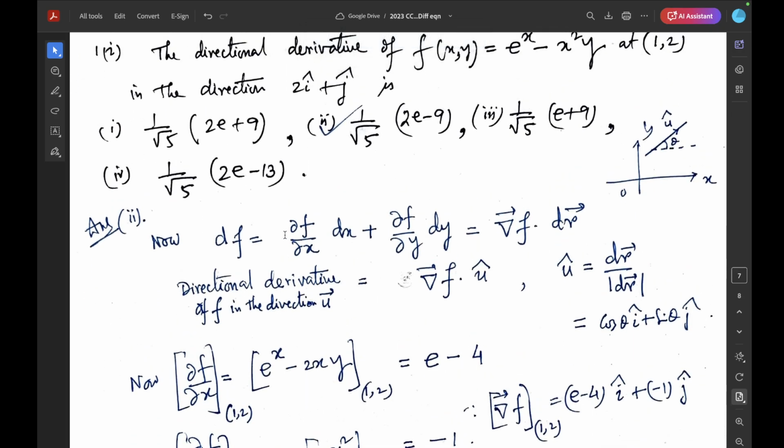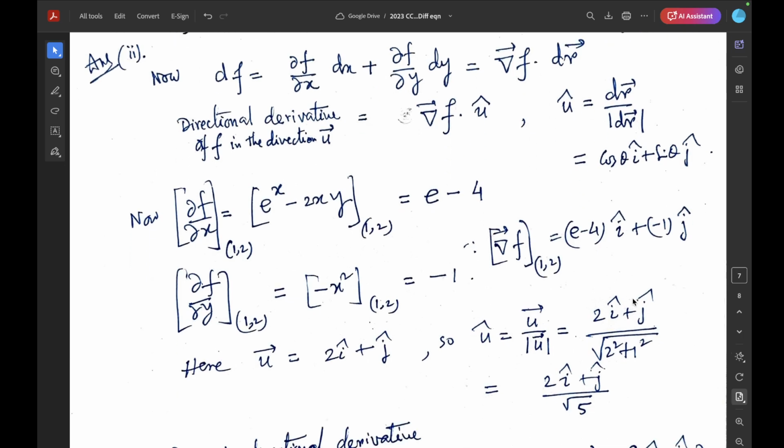Now we know df is del f by del x dx plus del f by del y dy, which is the gradient of f dot dr. So dr is dx i cap plus dy j cap, and gradient of f is del f by del x i cap plus del f by del y j cap. Then the directional derivative of f in the direction of u is gradient of f dot u cap, where u cap is dr by modulus of dr.